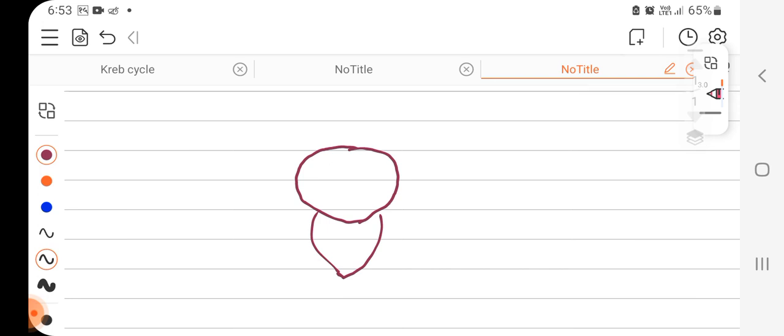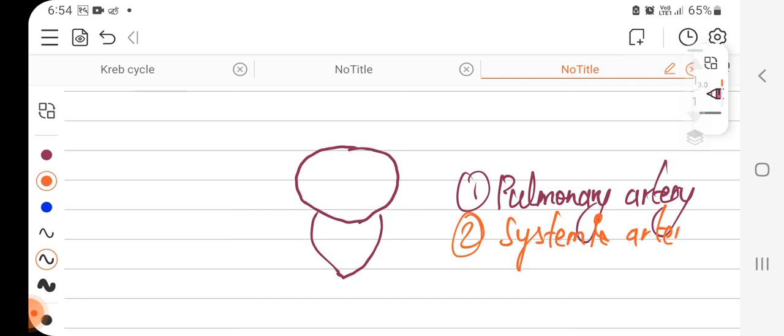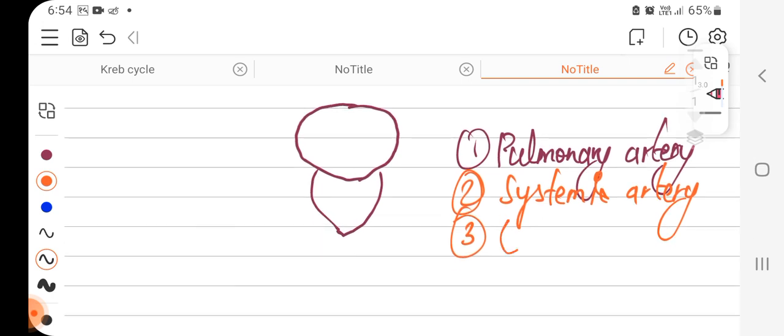There are three arterial systems in the main arterial system. One is the pulmonary artery. Next is the systemic artery, and last we have the carotid artery.